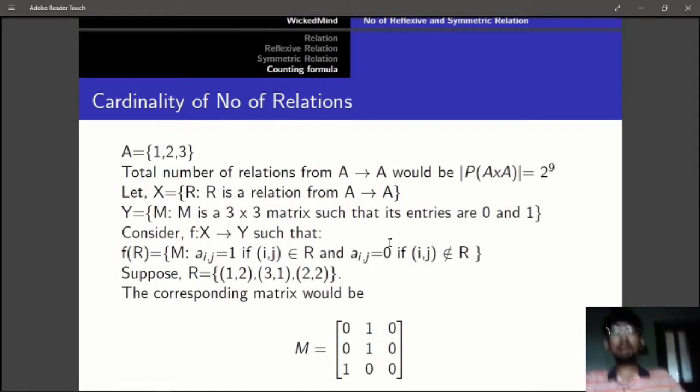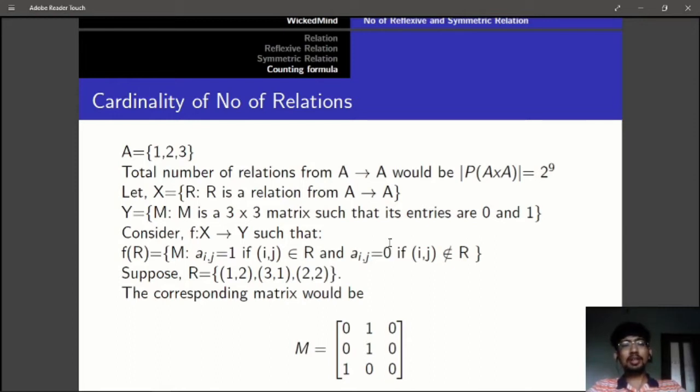We have found the counting formula for the total number of relations using the concept of cardinality of power sets. But now I will use the concept of matrix and the bijective function. Suppose I've taken the collection of all the relations from A to A and I name it as X. So X equals {R such that R is a relation from A to A}.